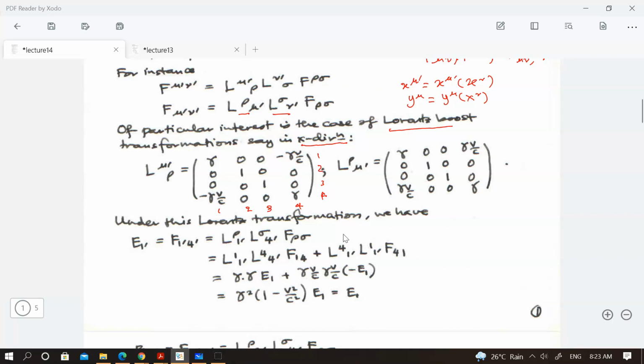We'll try to see how to sum this. Remember, this will be summing over all indices, rho and sigma from 1 to 4. I'm showing this explicitly so that you know what to do when you see a question with respect to this.